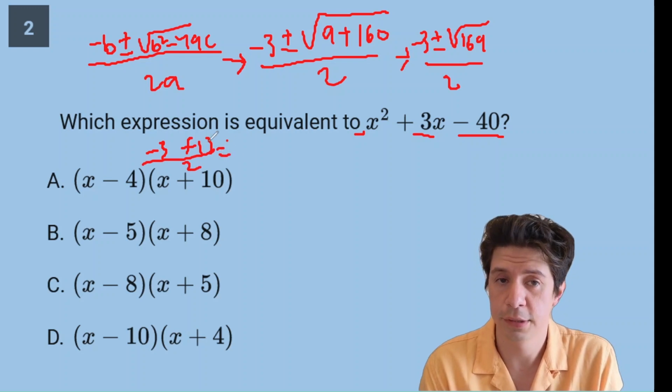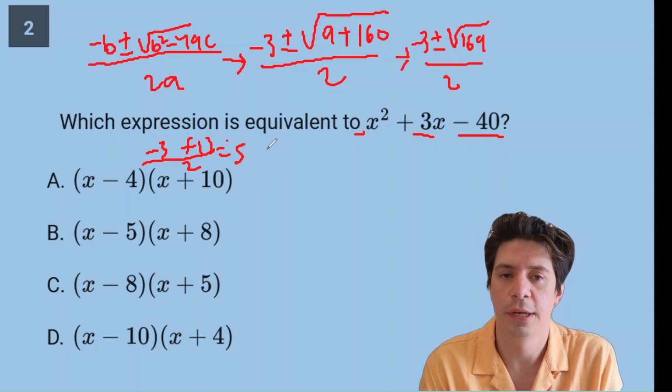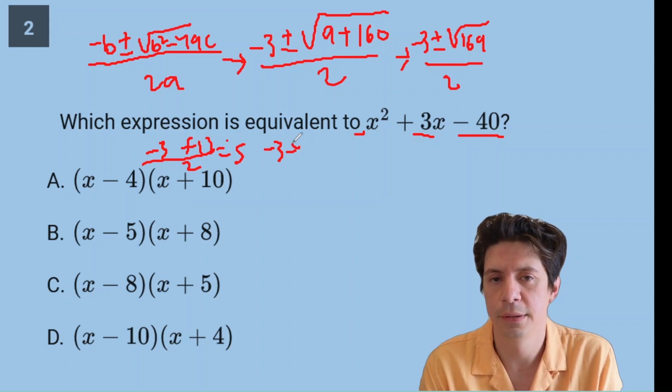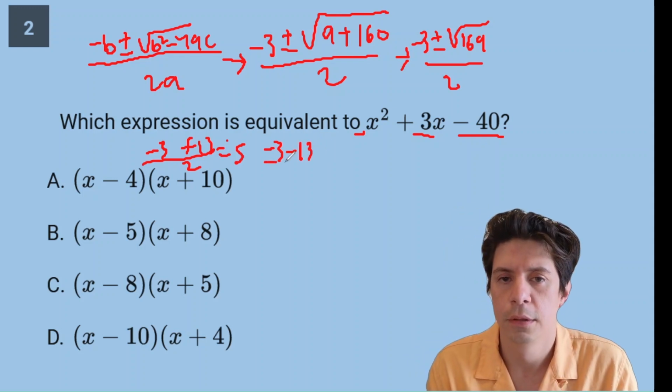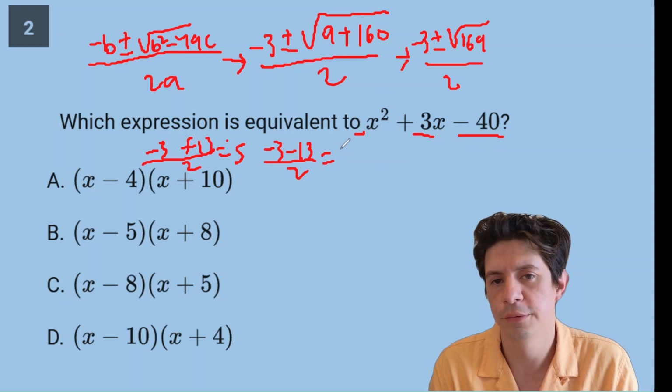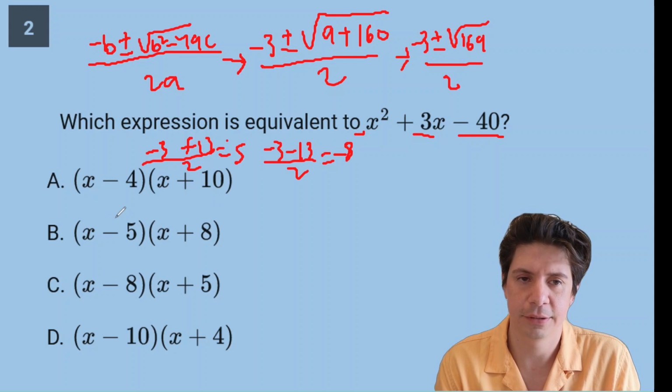Negative 3 plus 13 is 10, divided by 2 is 5, which is the x minus 5, or the negative 3 minus 13 all over 2, which equals negative 8, which is the positive 8. So then we get back to this.